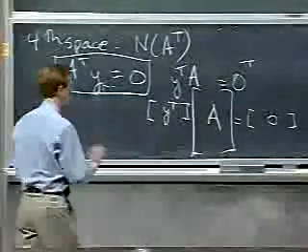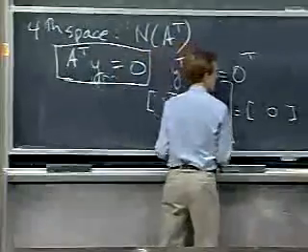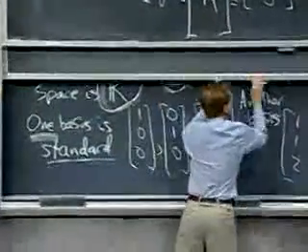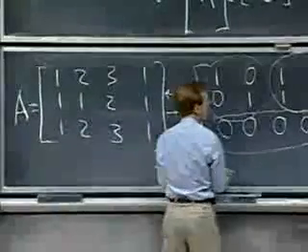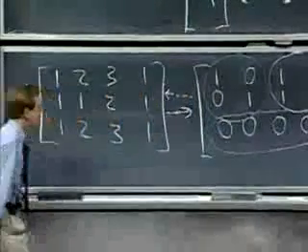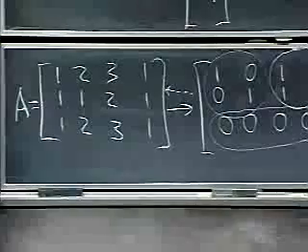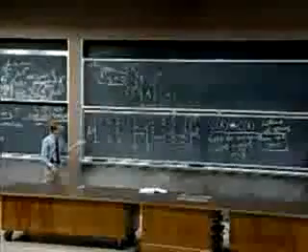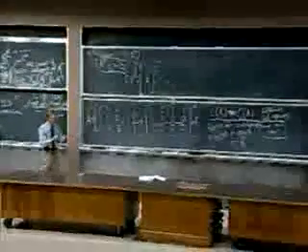Okay, I'll do it in the example. As always, not that one. The left null space is not jumping out at me here. I know which are the free variables, the special solutions, but those are special solutions to Ax equals 0.